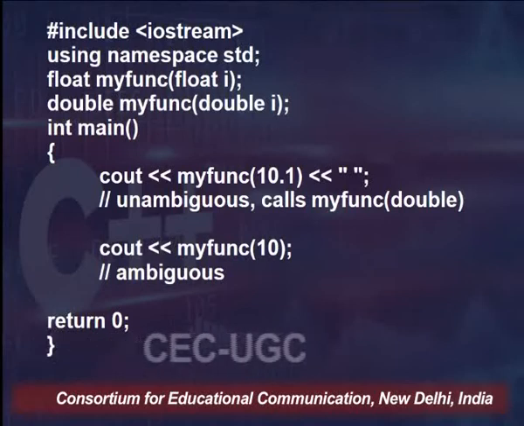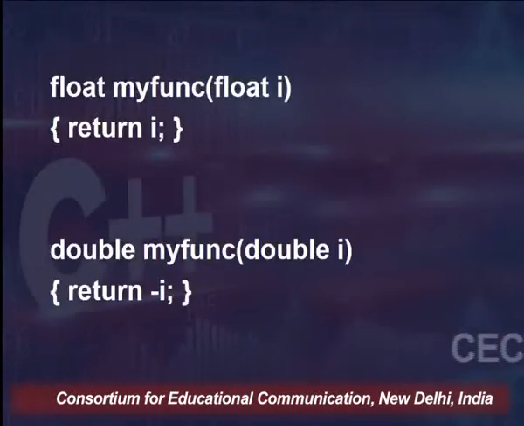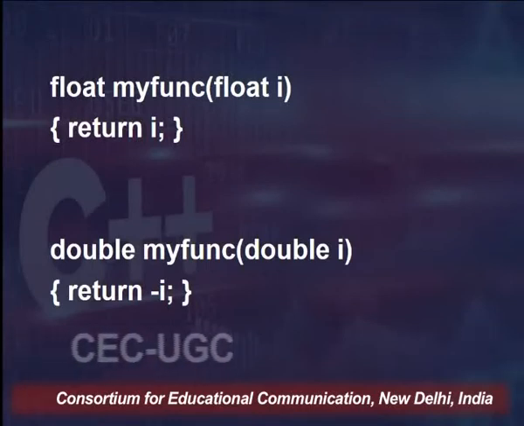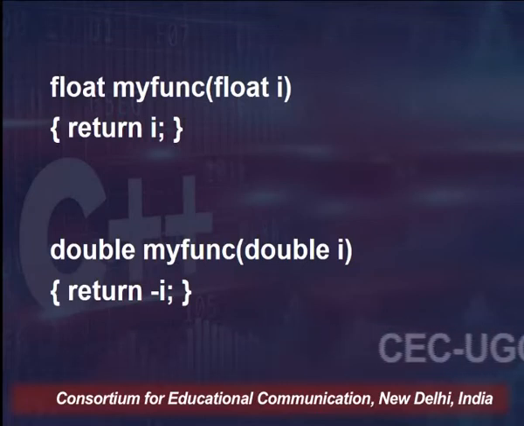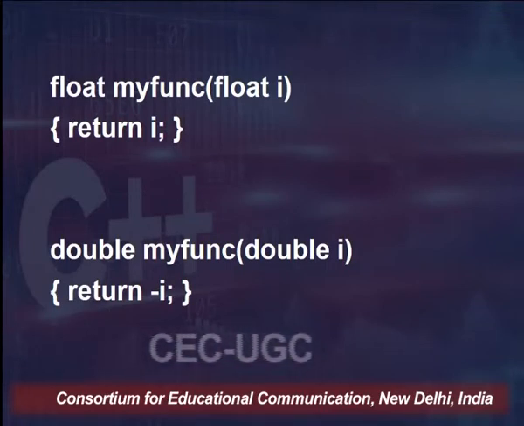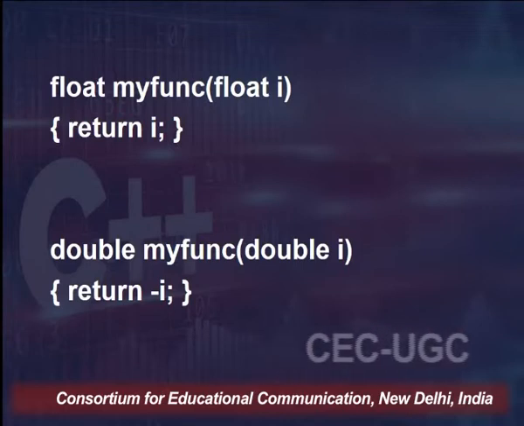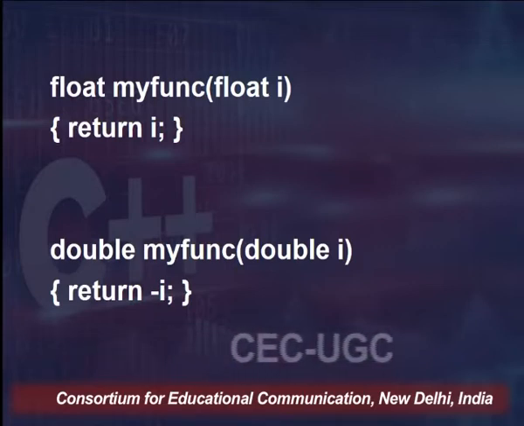The actual definitions are just simple functions. The float version of myfunc returns the variable, while the double version returns the negative of that variable.